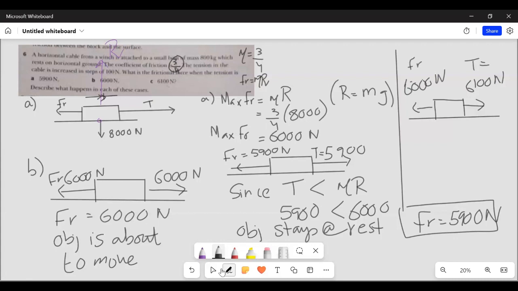So even though the tension is 6100 newtons, friction is not allowed to go beyond mu r. So it stays at 6000 newtons, and the object moves in the direction of tension.